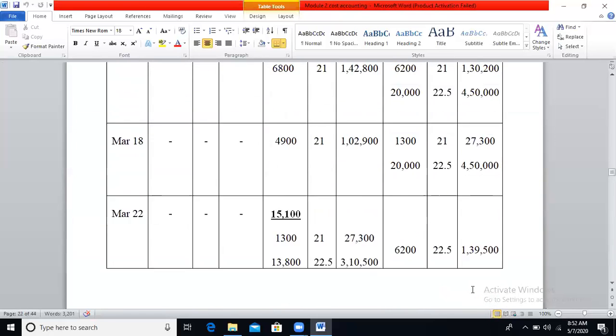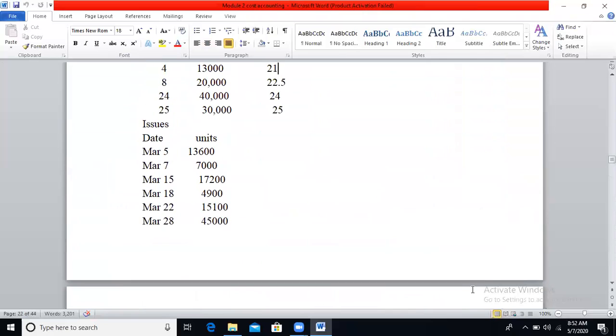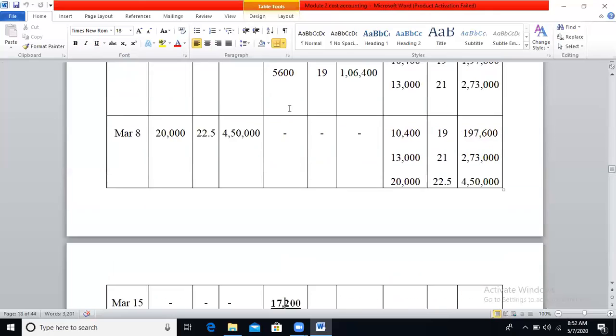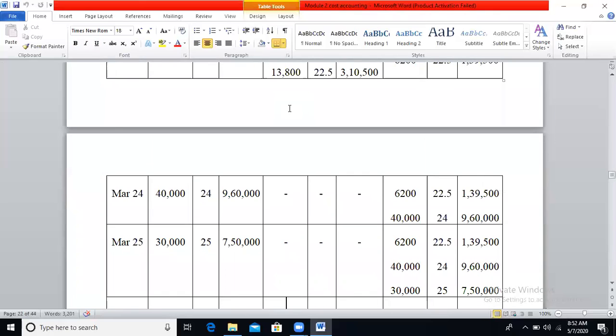The next transaction is March 25th. Once again, we are making purchases of 30,000 units at rupees 25. Purchases will be considered as receipts. The number of units will be 30,000 units at rupees 25. The total value will be 7,50,000.